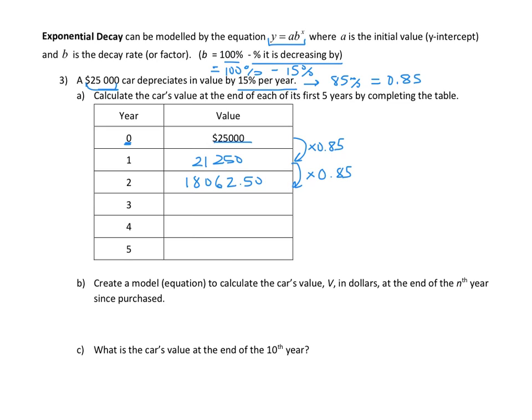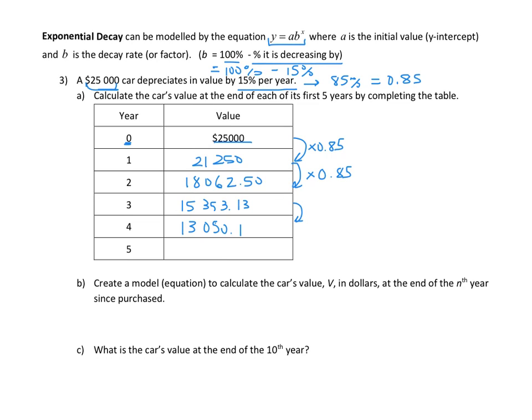And again, times by 0.85 to get 85% of that. We get $15,353.13. I'm going to take money to 2 decimal places. And then we're going to times by 0.85 again. So we're just finding 85% of the previous year's value and rounding that.